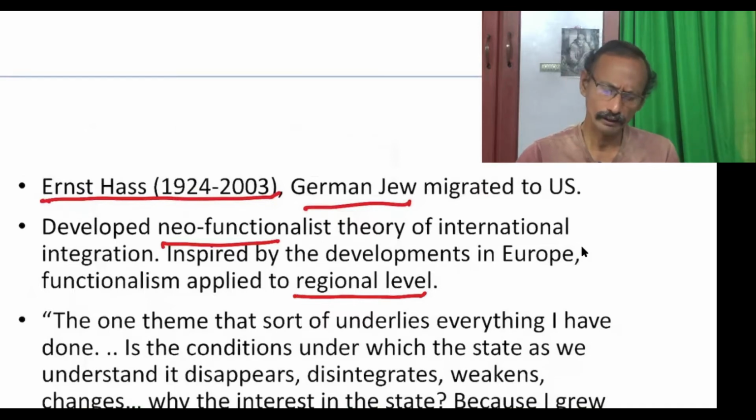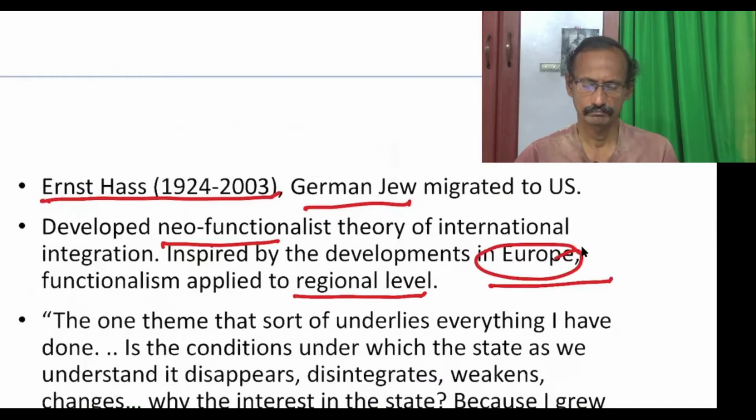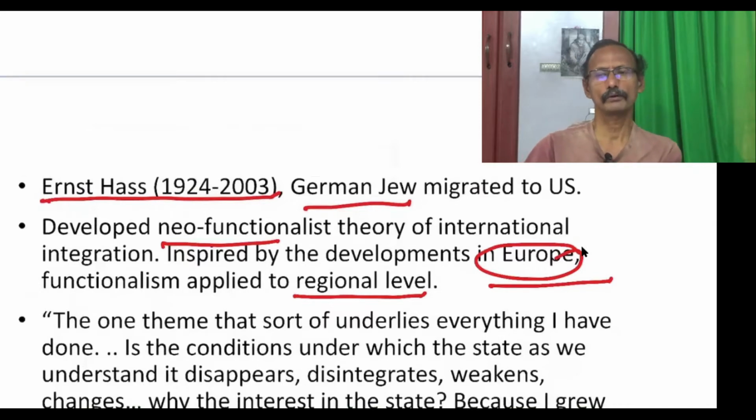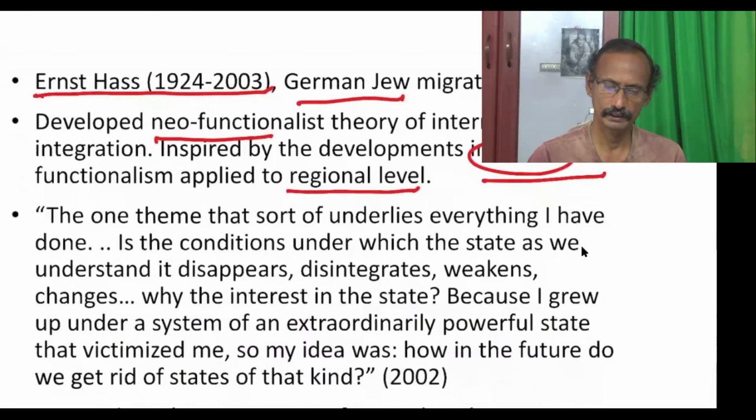He got the idea of regional level because at that time European integration was going on. Haas also is committed to how to contain the evils of nationalism. He says his entire work is informed by that.